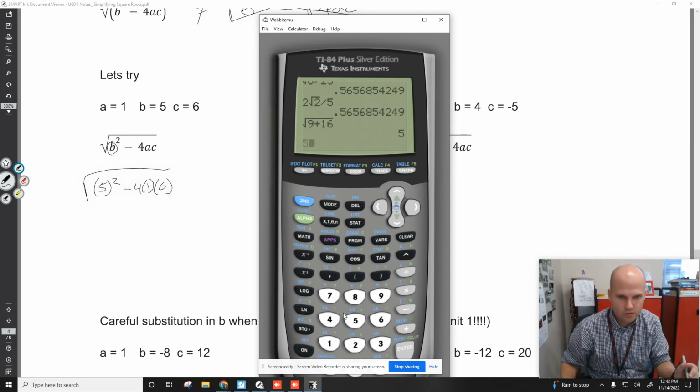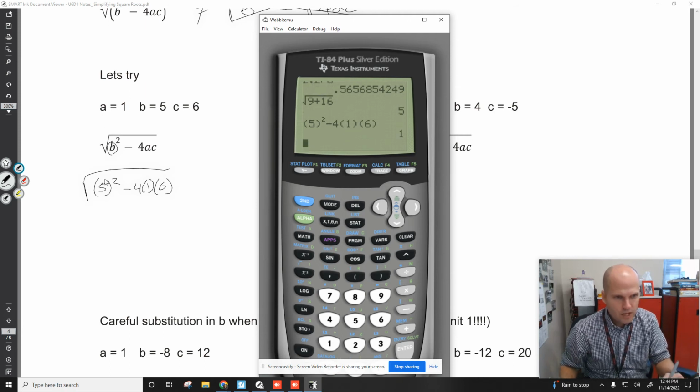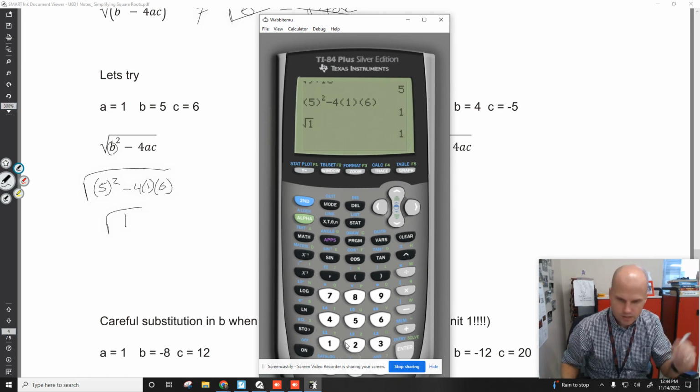Work on that first. Sorry, use parentheses. 5 squared minus 4 times 1 times 6. You get the square root of 1. You try to figure out, is that a whole number? It is. We're done. You get 1.